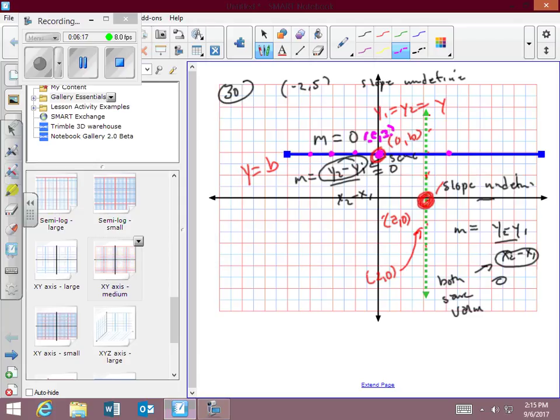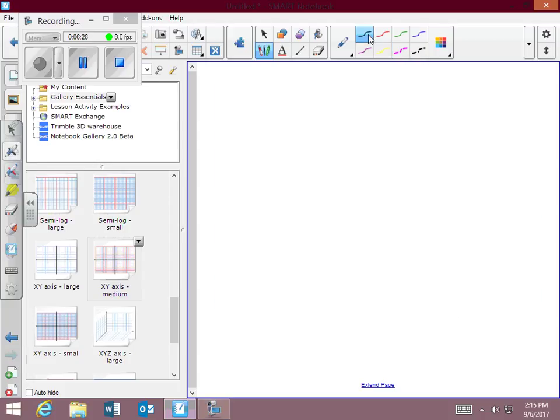What we're supposed to do is write the equation of the line. So if it has undefined slope, it's going to be x. I'll just start over here with this number 30. You have the point (-2, 5), undefined slope.